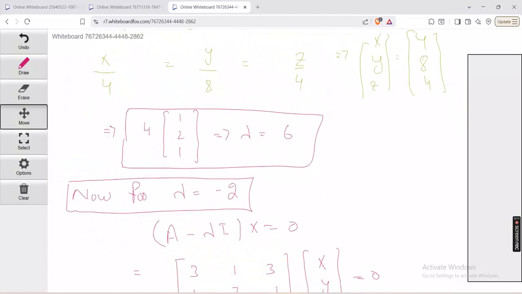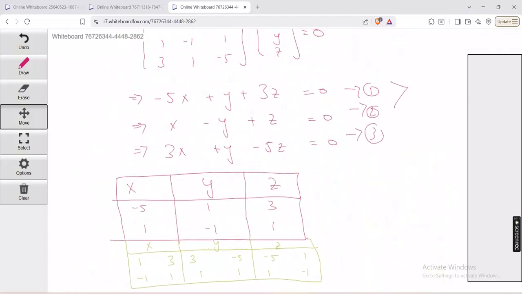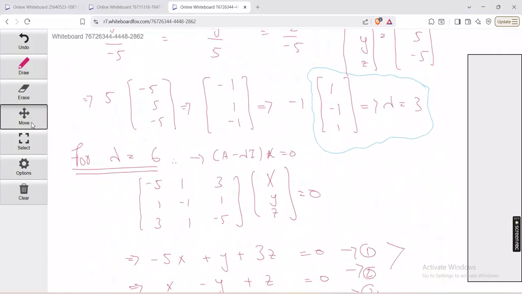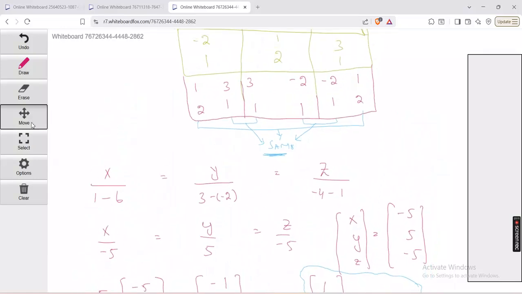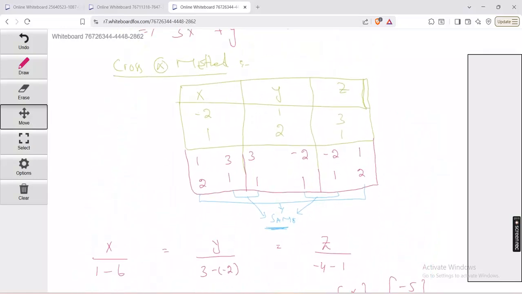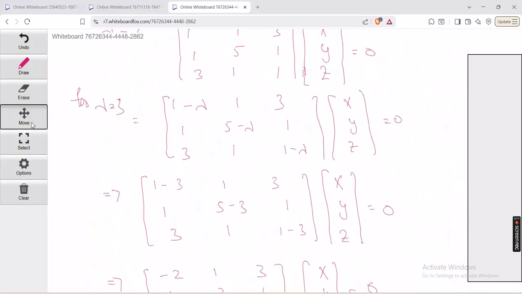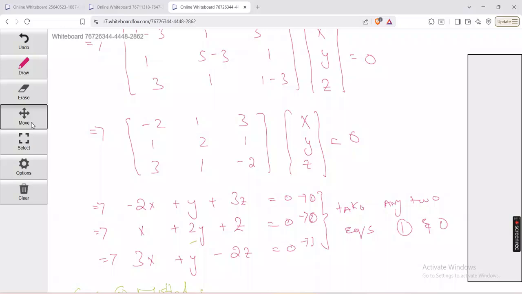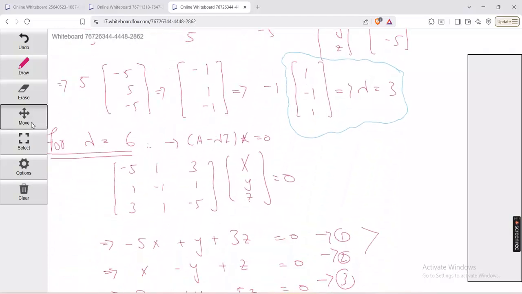This is your D: lambda 1 is -2, lambda 2 is 6, and this is 3. So you have the D matrix already, you solve it.